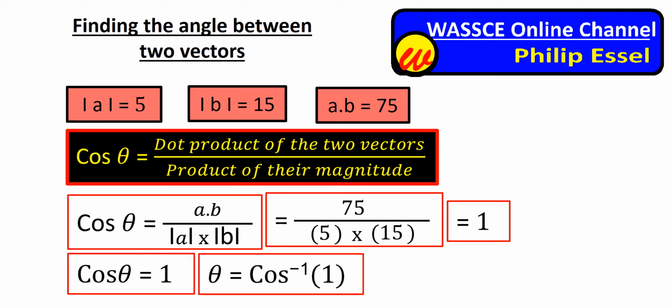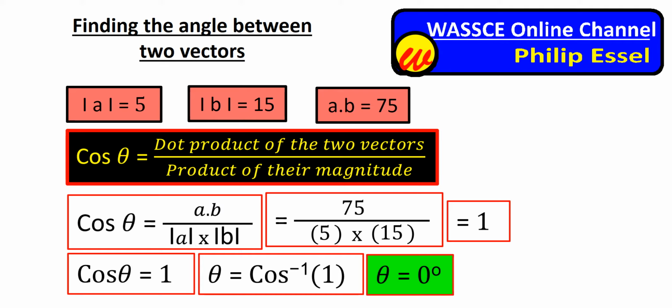Our theta will therefore be equal to cos inverse of 1. When you punch cos inverse of 1 on the calculator, you get theta equal to 0. This means that the angle between the vectors A and B is equal to 0.